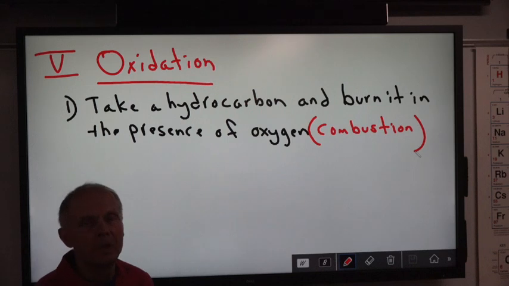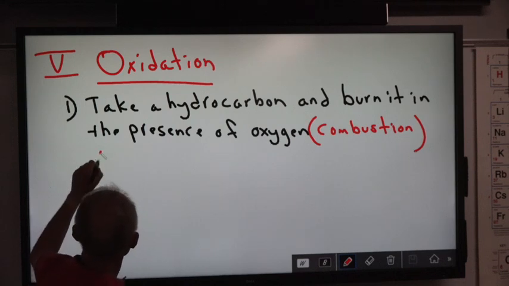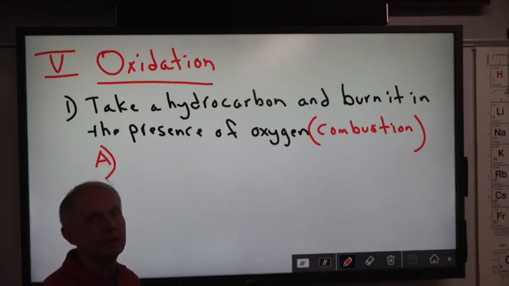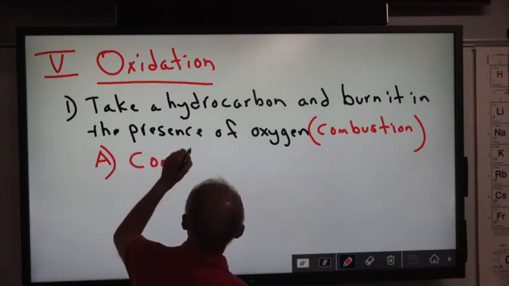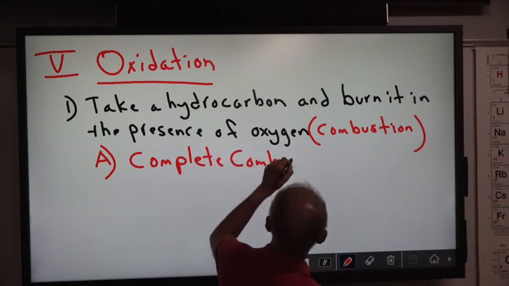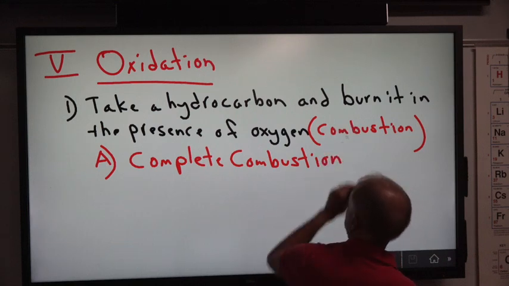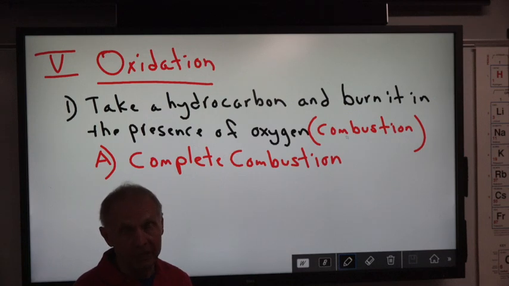Okay, combustion. And there's 2 types of combustion. Okay, let's go for letter 1 or letter A. The first type of combustion is called complete combustion. And in our world, there isn't very much complete combustion. Okay, so watch. Here's a formula.